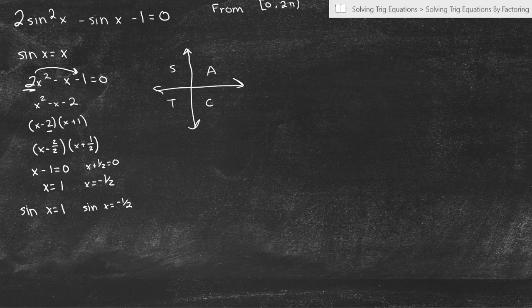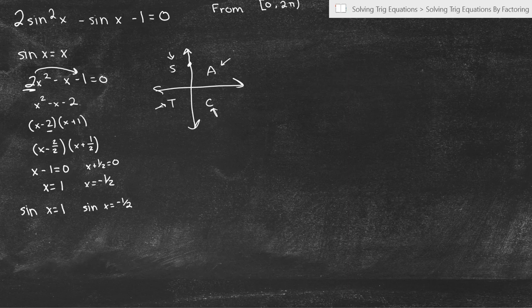All Students Take Calculus. Everything's positive in the first quadrant, sine is positive in the second, tangent in the third, cosine in the fourth. So if sine x equals 1, I know I'm going to work with the first two quadrants. Then I can think about it, well, I know this point, that's when sine x equals 1. It's actually the only one, so that's pi over 2. So I've got x equals pi over 2.